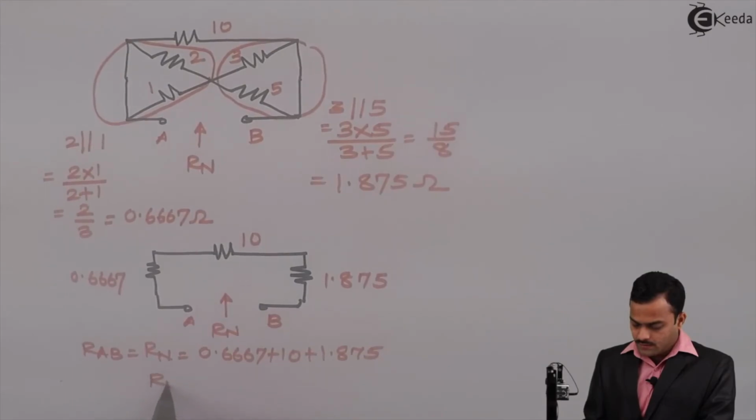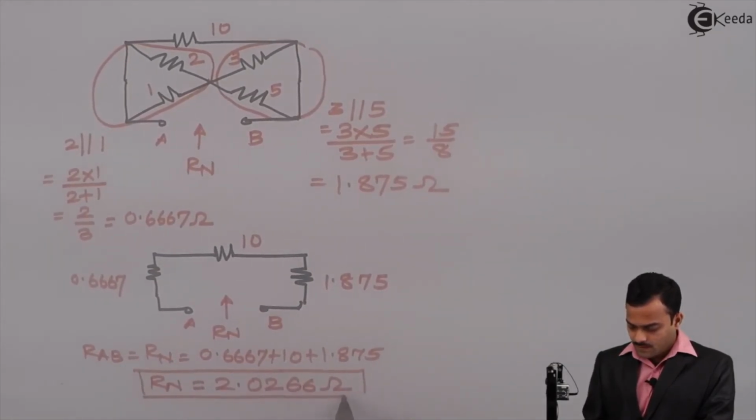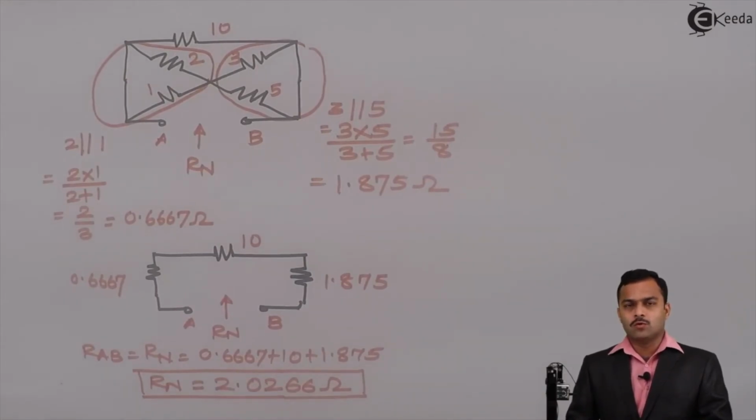So Rn will be equal to 2.0266 ohm. Step number 2 is over.